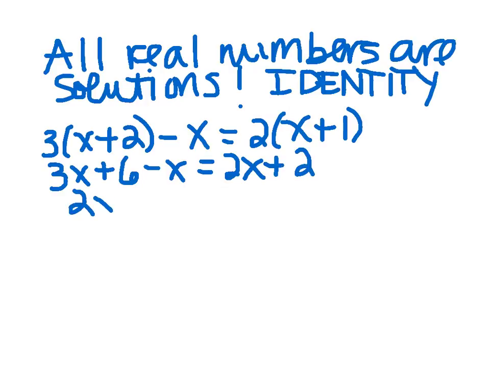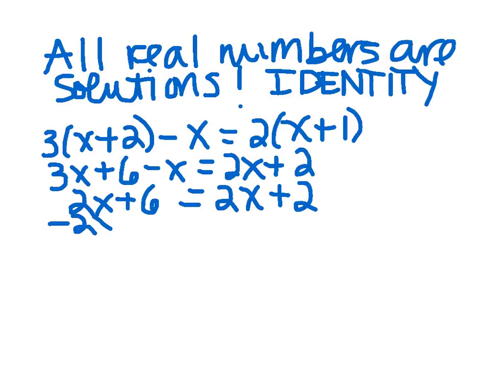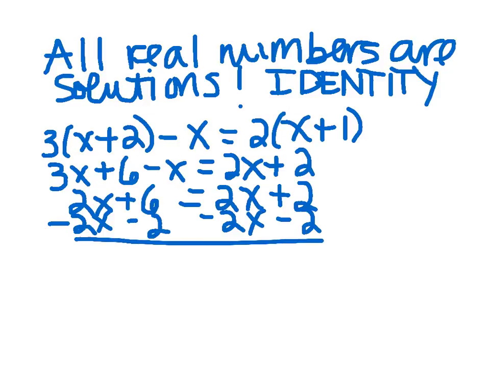Lo and behold, this says twice a number plus 6 is equal to twice the number plus 2. Well, right away, you can sense that something's wrong. But let's keep going. Minus 2x, minus 2x, minus 2, minus 2. And if I carry it all the way out, I get 4 is equal to 0. Not.